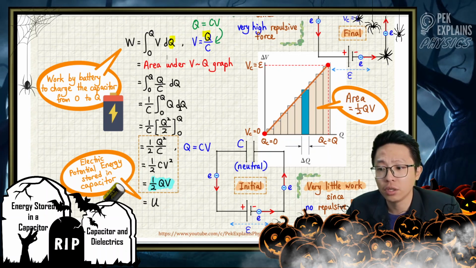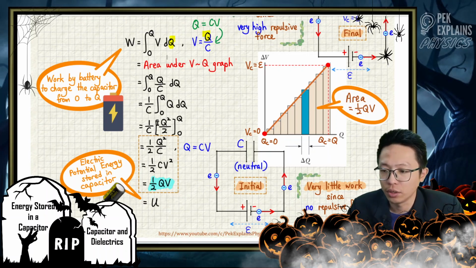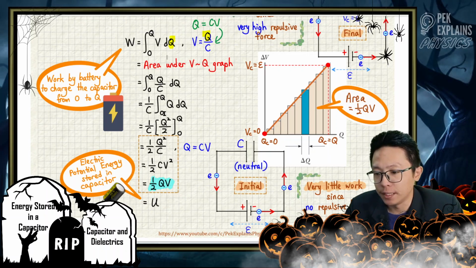Now you can integrate Q dQ. Integrate Q, so Q becomes Q squared over 2. And then you integrate from 0 to charge. That means you charge the capacitor from 0 charge up to maximum charge. So you got Q squared over 2 minus 0.